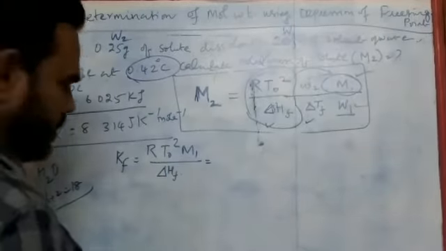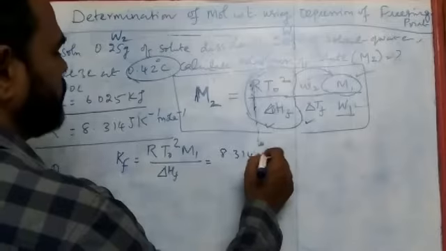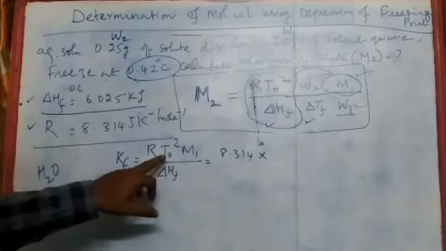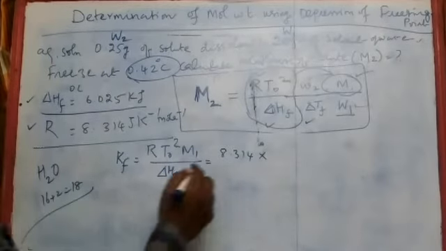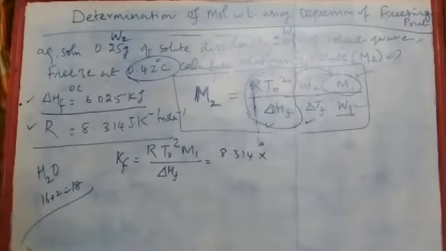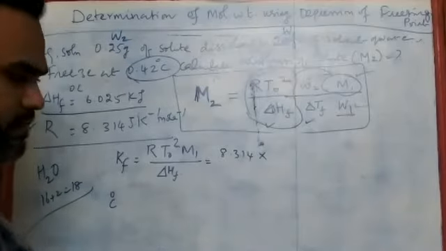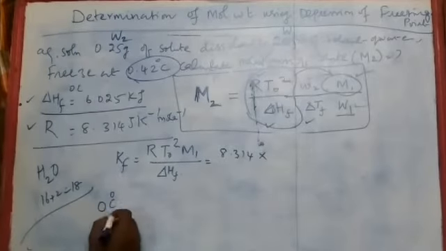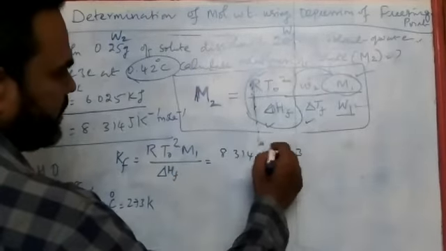Then T0 is the freezing point of the particular solvent. Let us take 0 degree centigrade as the freezing point, not the depression of freezing point. 0 degree centigrade is nothing but 273 Kelvin, so let me substitute 273 Kelvin.